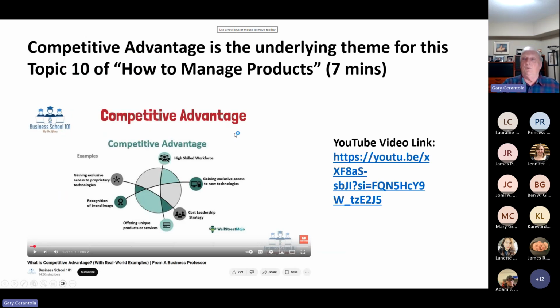Okay, so really competitive advantage is the underlying theme for this topic 10, in terms of how to manage products. So what you're going to see is that in managing products, you need high skilled workers. You need to gain some exclusive access to technologies to produce that offering. You need to look at cost leadership. You need to look at how you're going to differentiate that product, how it's going to be unique in the marketplace, so that you can bring in more market share.